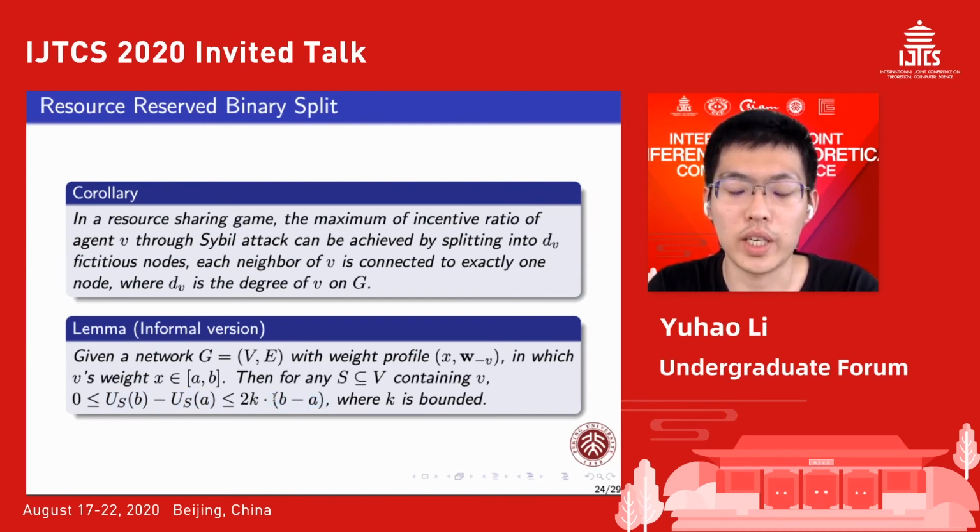So we can imagine if we just increase the weight of one vertex, then the utility of all fictitious nodes is upper bounded simultaneously. So that's why we can get the 3 on the general networks.